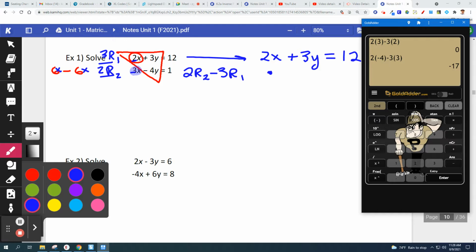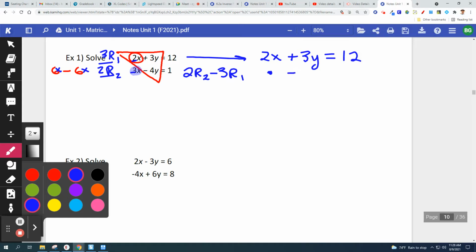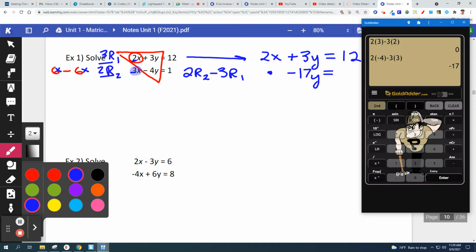If you can do this in your head, then awesome. Sometimes it gets kind of tough. So -17 y. That's my number for my y numbers. Now I keep going and I do the 1 and the 12. So remember what the rule says. It says 2 of the row 2 number minus 3 times the row 1 number.